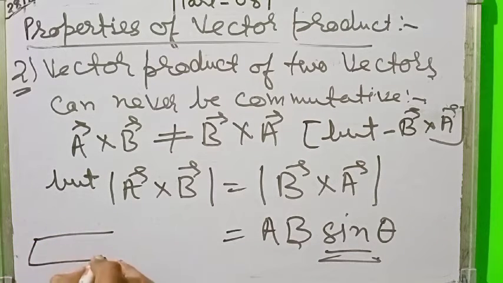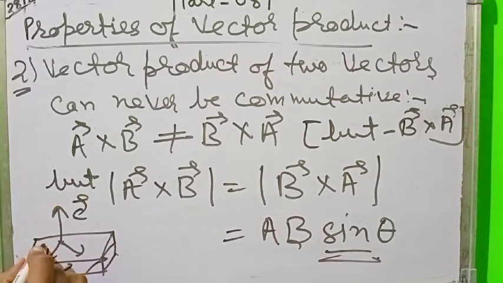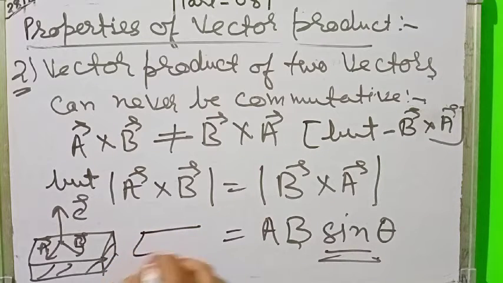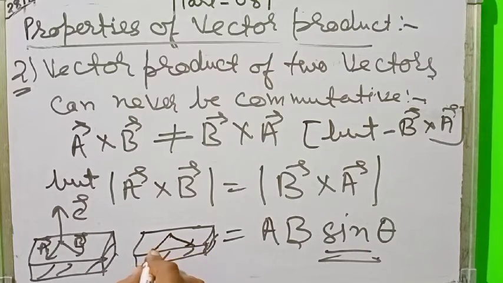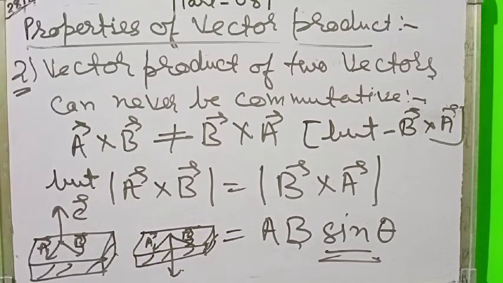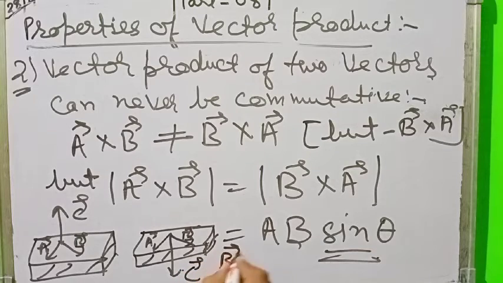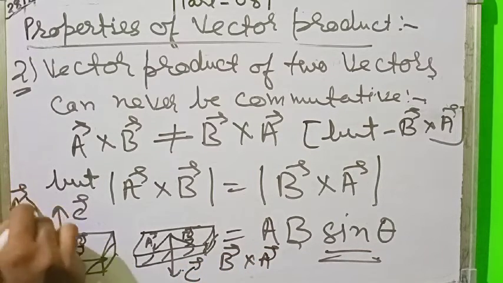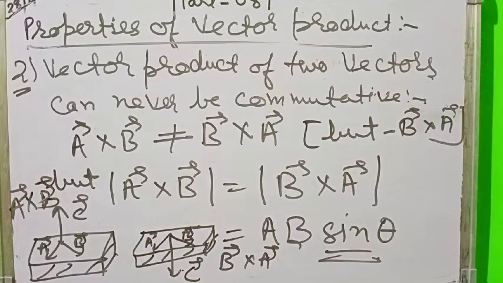Suppose this is vector A, this is vector B, and this vector C is A cross B. And if it is like this, then look here: A cross B and B cross A point in opposite directions.